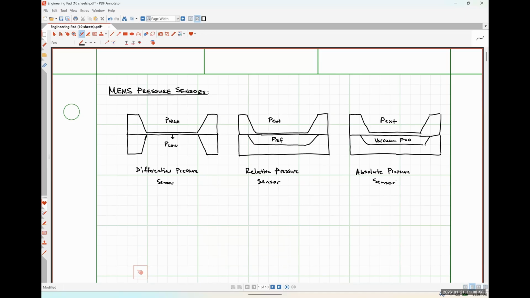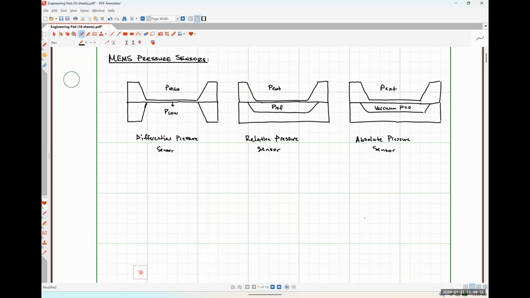So the first thing that we're going to do is get an understanding of essentially the behavior of the membrane. So I want to start by talking about systems where we might have a circular membrane.